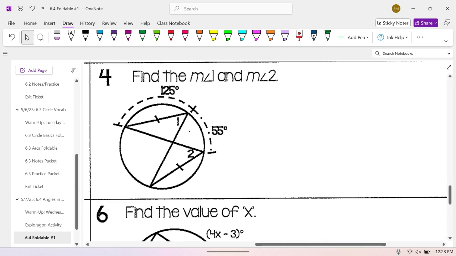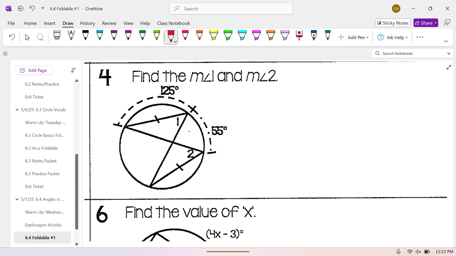Now, this one's a little bit harder, but we're going to find the measure of angle 1 and angle 2. Angle 1 is here, angle 2 is here. Now, what do these tick marks right here on these segments mean? They're what to each other? They're congruent.